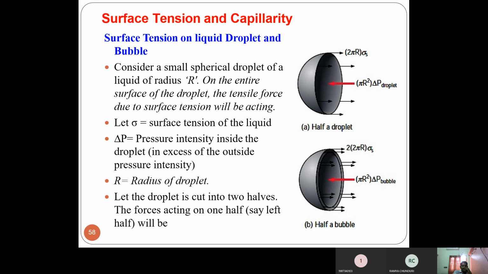Tensile force is acting. If R is the radius of this droplet, what is the circumferential length? Pi d or 2 pi r. Okay, tensile force is sigma. Sorry, surface tension is acting along the circumference. So tensile force is equal to surface tension into length 2 pi r.